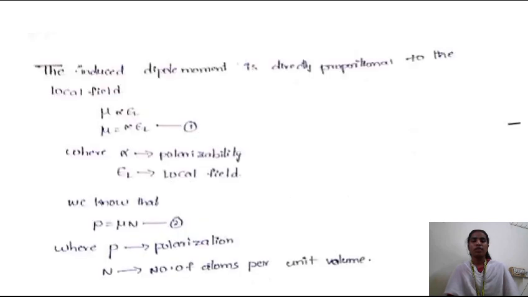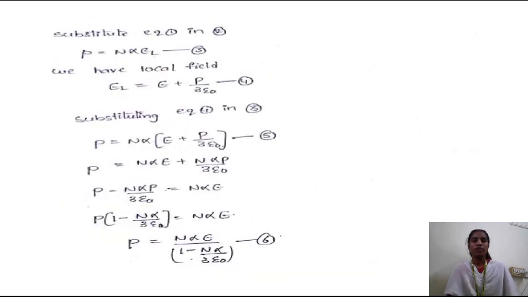crystals. The induced dipole moment is directly proportional to the local field, mu proportional to E_L, equation 1, where alpha is the polarizability and E_L is the local field. We know that P equals N mu, equation 2, where P is the polarization and N is the number of atoms per unit volume.